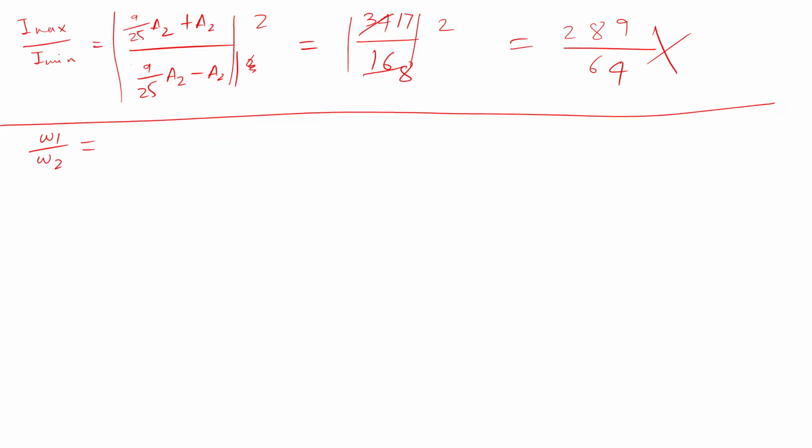So if we have the width ratio to be 9 is to 25, and intensity we know is proportional to amplitude square, and amplitude is proportional to width, this implies intensity is proportional to the width square.